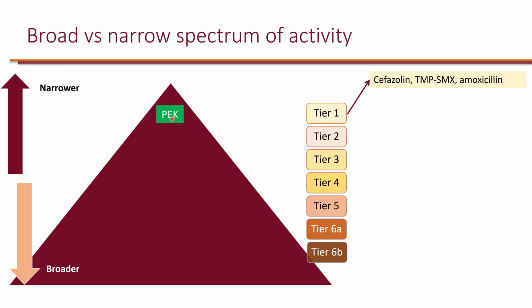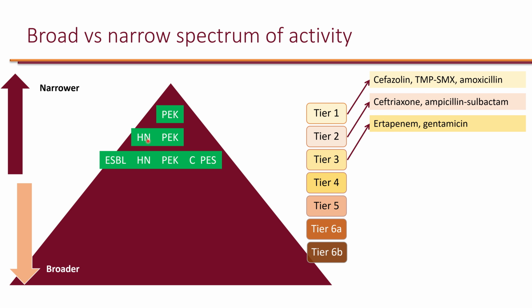Now, these organisms can still develop resistance to this, but in general, the activity of these agents is limited to wild type P, E, and K. Now, in tier 2, I would place drugs like ceftriaxone, which is a third generation cephalosporin, and Empiric, which has expanded activity when compared to amoxicillin. And in addition to Proteus, E. coli, and Klebsiella, these agents are also more likely to cover Haemophilus and Neisseria species.